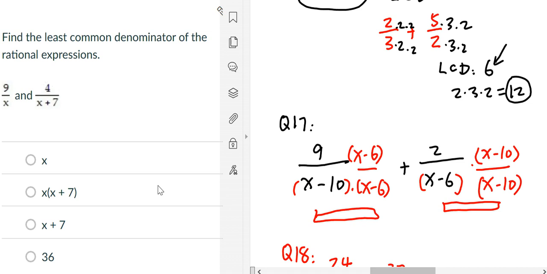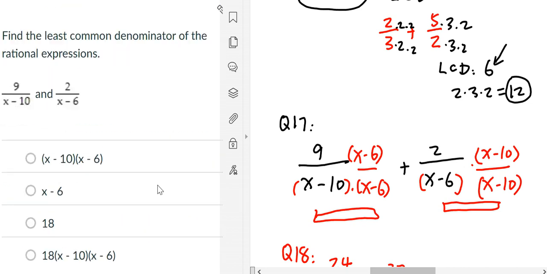Now, let's look at question 17. Question 17, we need to find the least common denominator. One is 9 over x minus 10. Another is 2 over x minus 6.